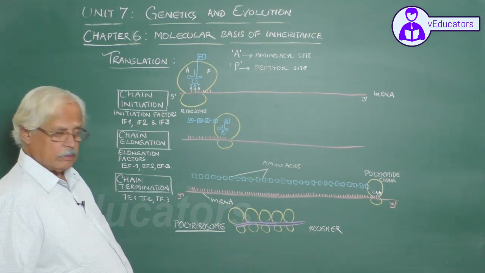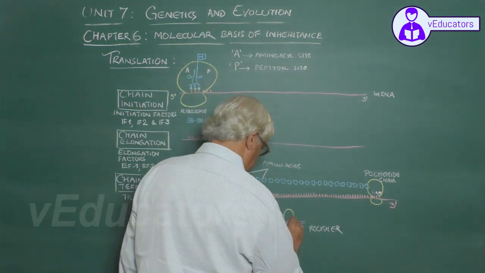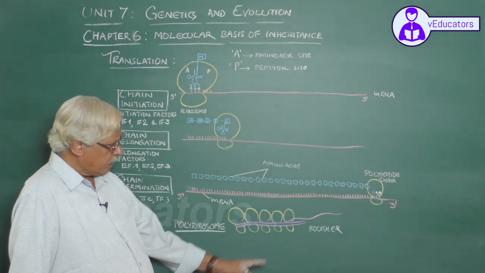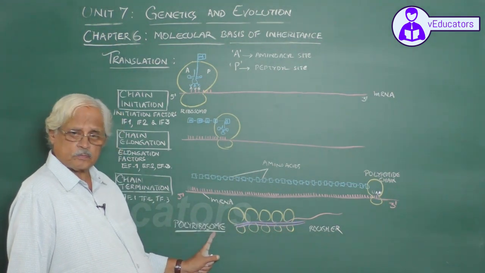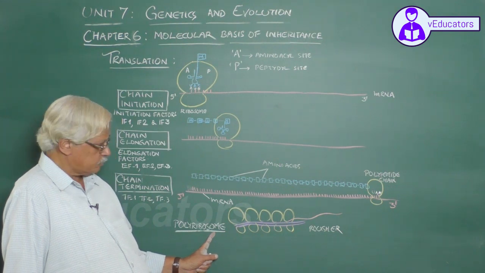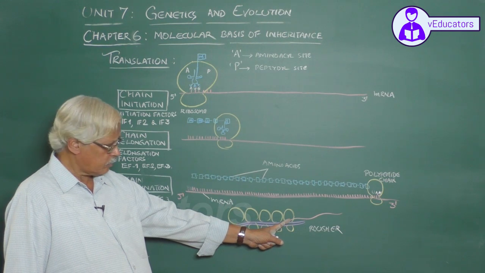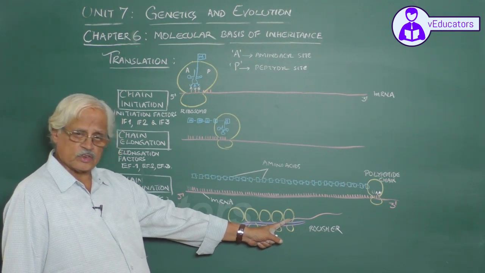It is also possible that an mRNA chain may become associated with the first ribosome in a polysome, or polyribosome, and begin translation here, chain initiation followed by chain elongation.